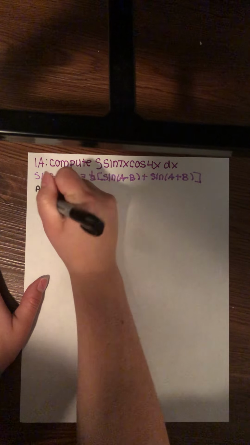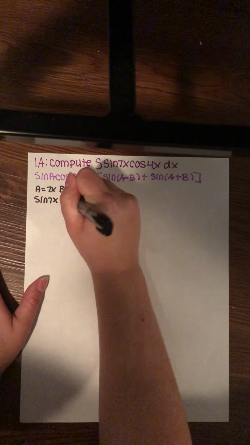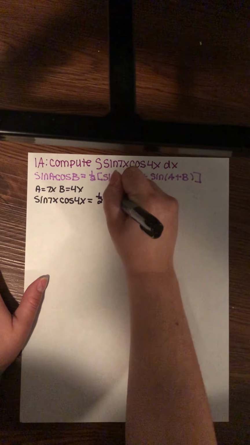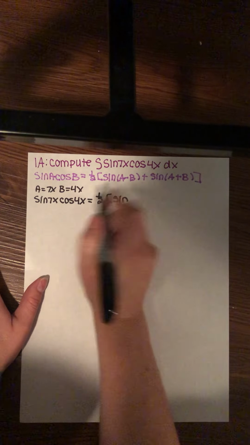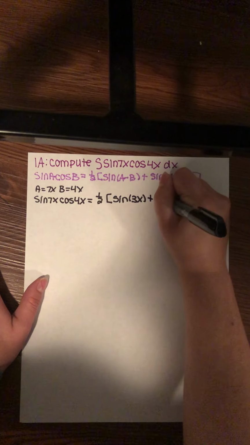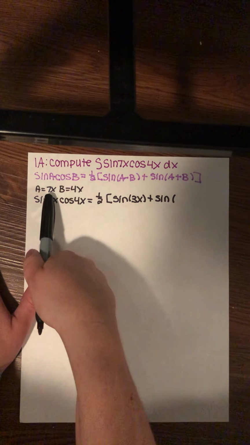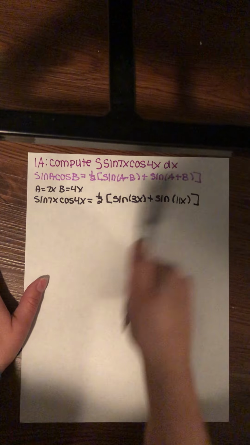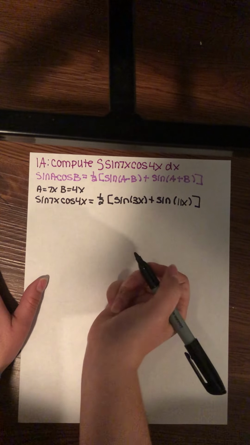Plugging it in, sine 7x cos 4x will equal 1/2 of sine(A minus B), which is 7x minus 4x, which is 3x, plus sine(A plus B), which is 7x plus 4x, which is 11x. And now we just use this instead of this when making the integral, which makes the problem solvable.